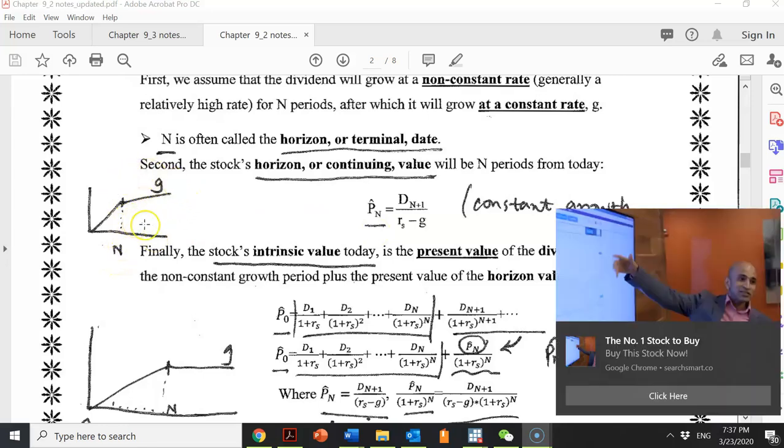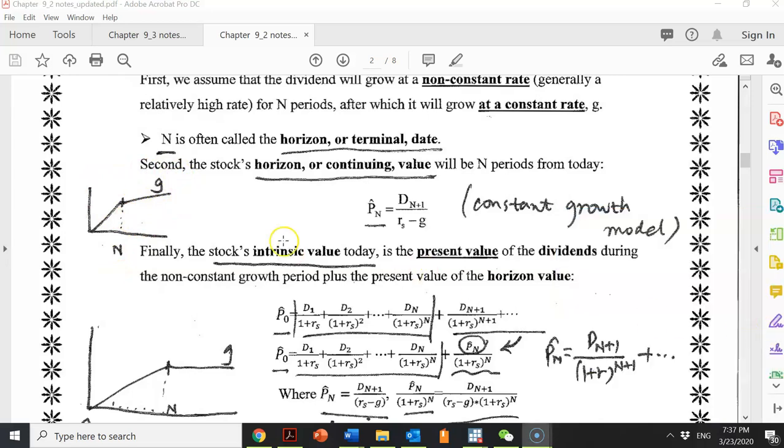After we use the constant growth model to discount all the dividends in the second stage to date n, we can discount it to the present, to time 0, again. And we also discount all the dividends in the first stage to the present. Add them up, and we will have the discounted value of all the dividends at present. And that's the stock price today.